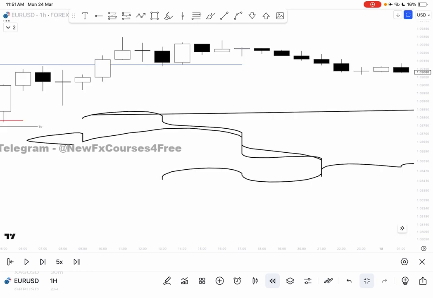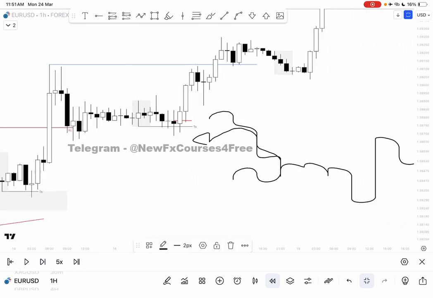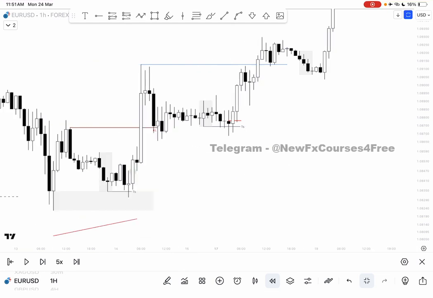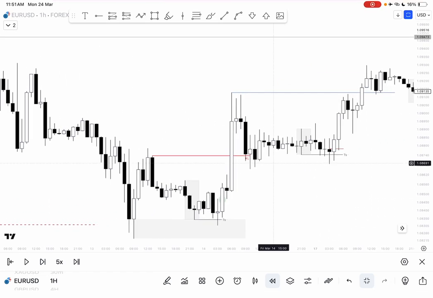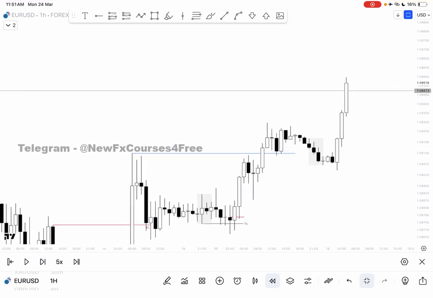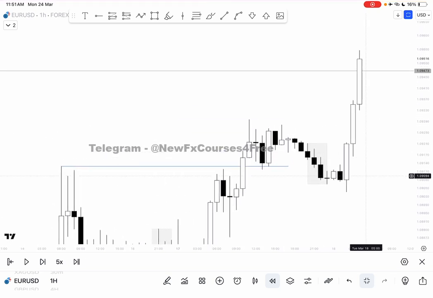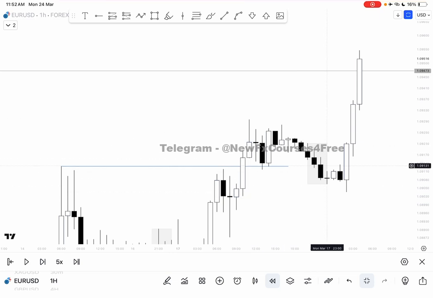So let me take this out. So this was the drawn liquidity for this trade. Taken out, used as key level. Drawn liquidity for this trade. Taken out, coming back. This was used as a key level. This was a deep retracement and consolidation because this was actually tapped on during the Asian session range.